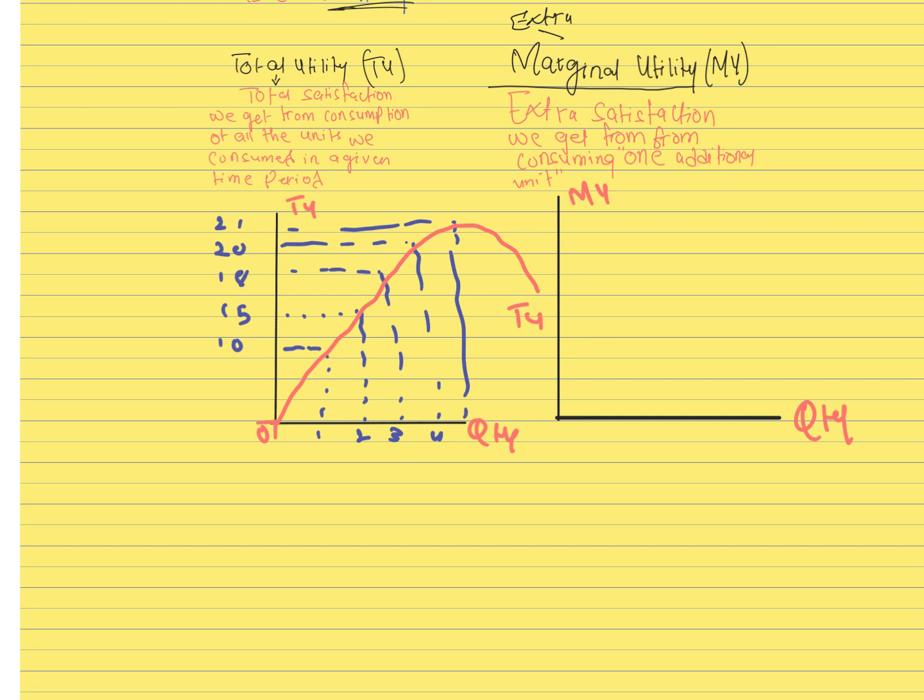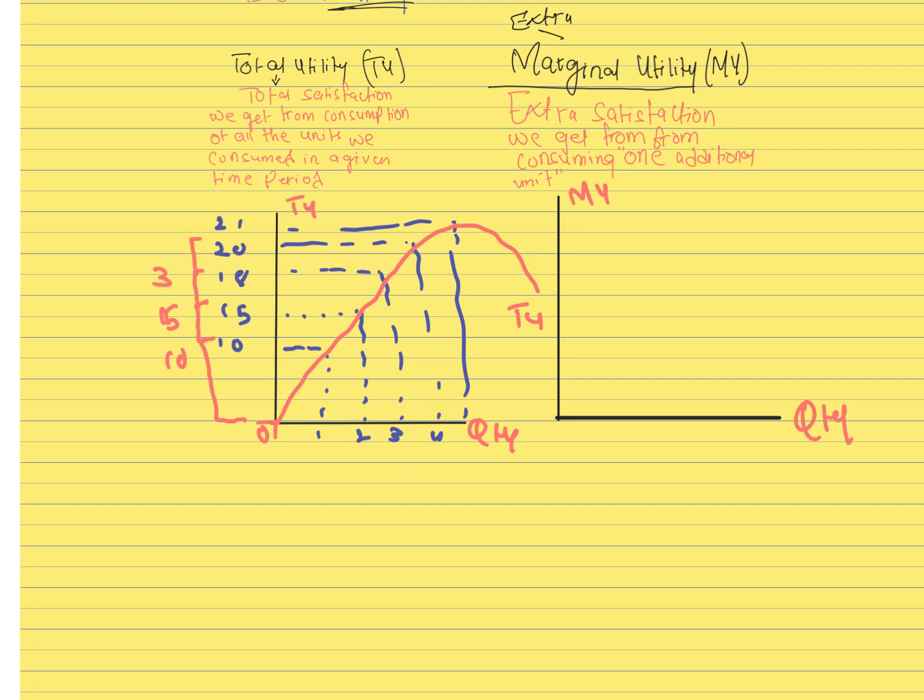Let's say at the beginning, when I was not consuming anything, the total utility was zero, and then after consuming one single packet, it went up to 10, from 0 to 10, and then again it went up to 15, so the extra satisfaction that I get from this consumption was 5, and then it keeps on falling.